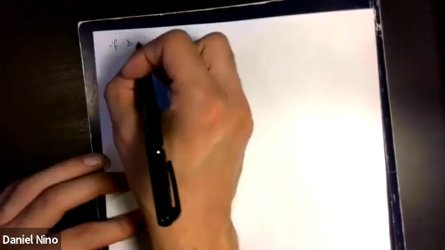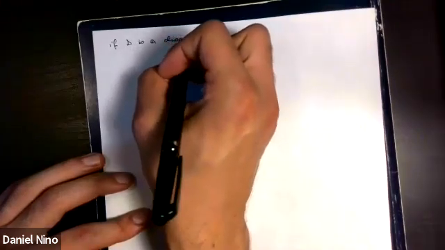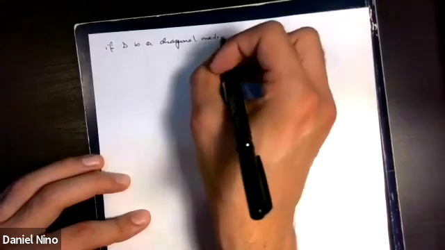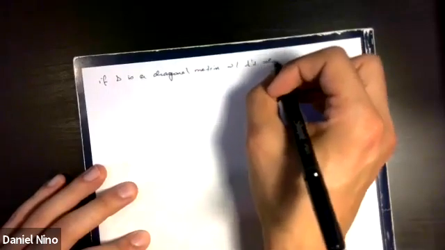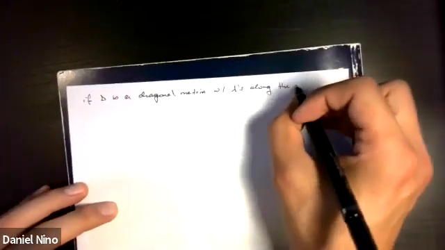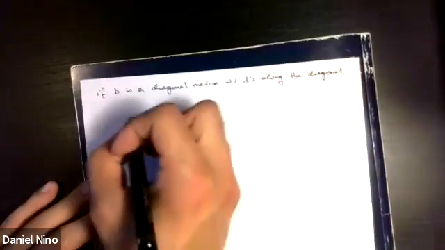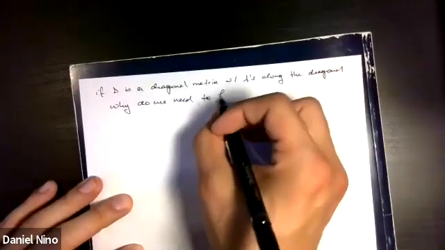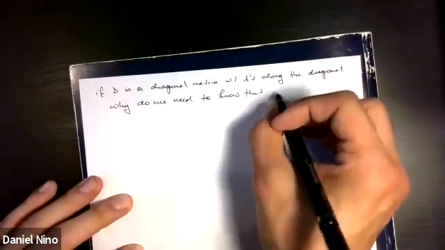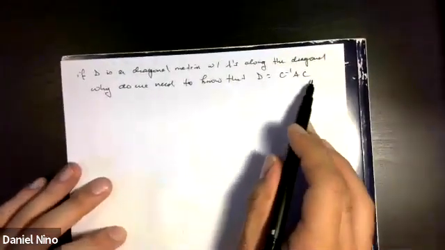So you might be wondering, if we know that D is a diagonal matrix with the eigenvalues, why do we need to know that we can calculate D by the following transformation?